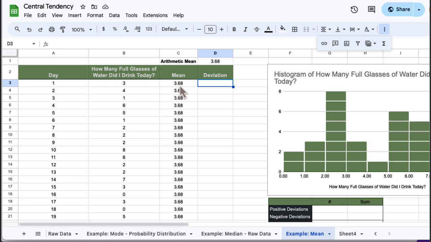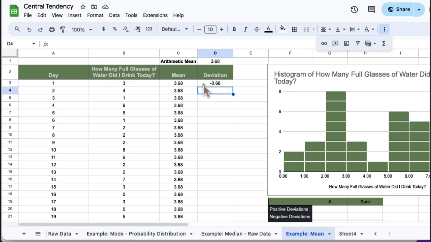From here, I'm going to calculate a deviation, and a deviation is just the difference between the actual data point that was observed and the mean data point. So in this case, it's going to be equals 3 minus the mean, 3.68. And what this is telling me is on day 1, your consumption of full glasses of water was 0.68 units below the mean.